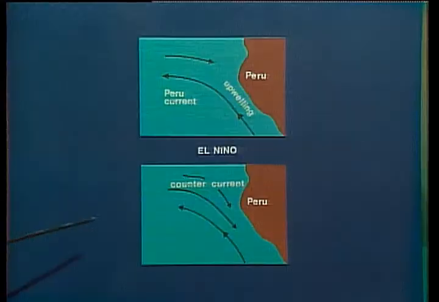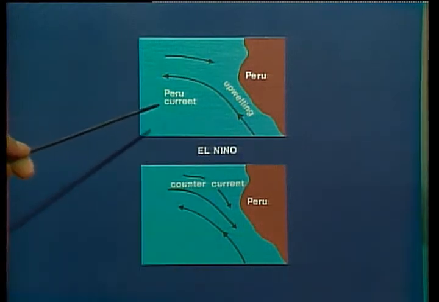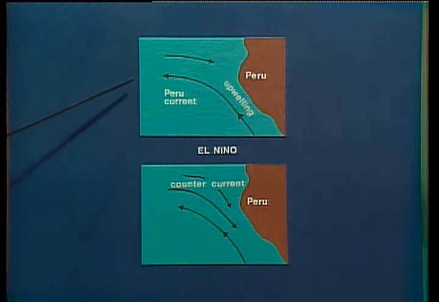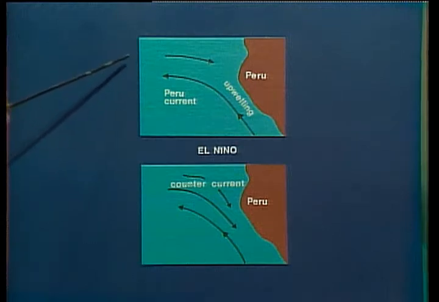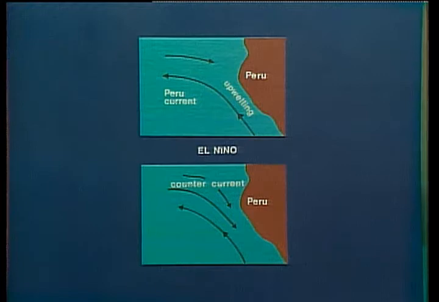Now, the situation off Peru is that we have a northerly flowing current called the Peru current, or the Humboldt current, and that's cold because it's coming from the south. And just after Christmas, we have the equatorial current, which is flowing to the east, tends to bend down a little bit towards Peru, and this is the normal sort of situation.